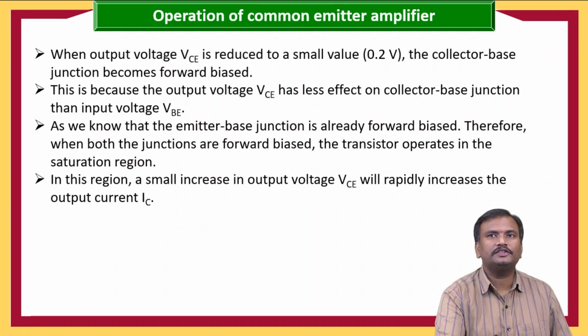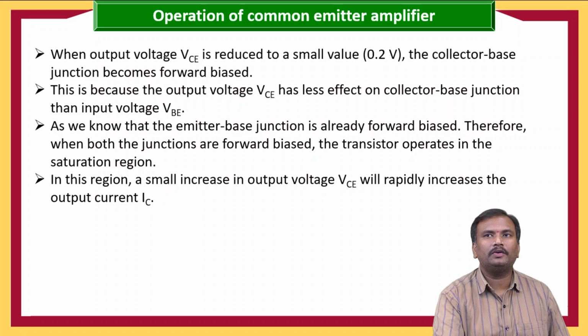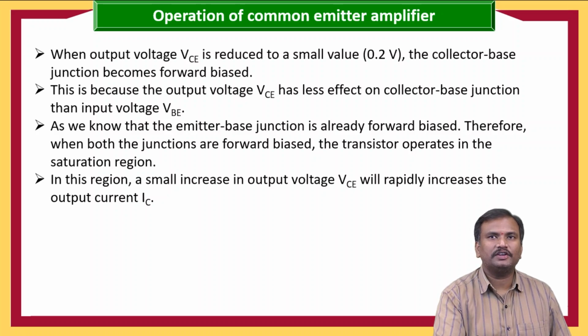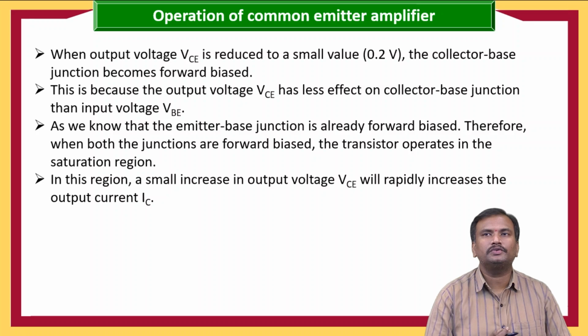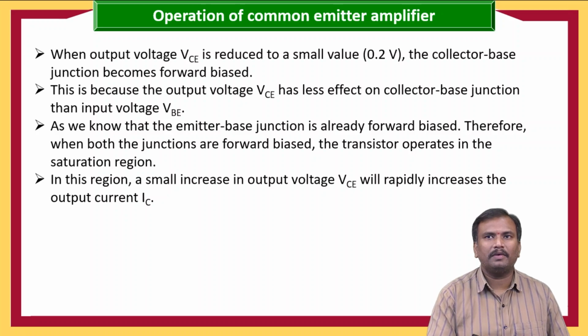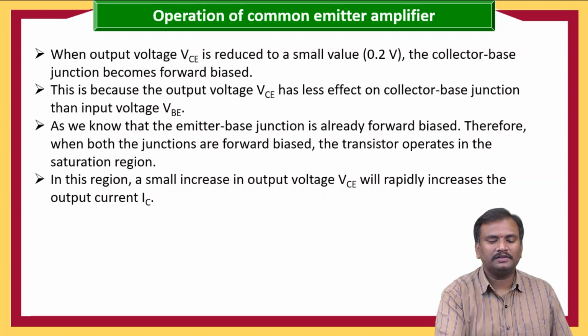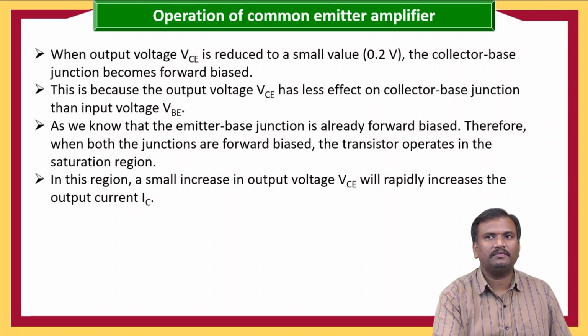When the output voltage is reduced to a small value, 0.2 volts, the collector base junction becomes forward biased, because the output voltage has less effect on the collector base junction than the input voltage.